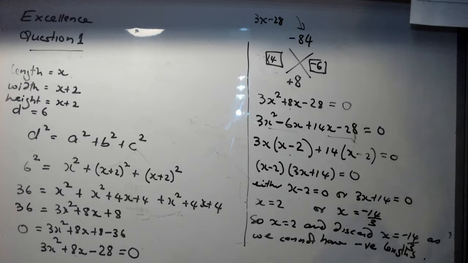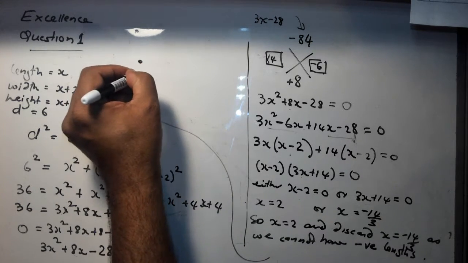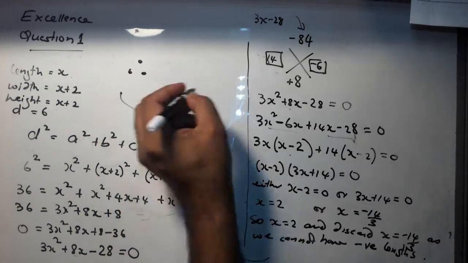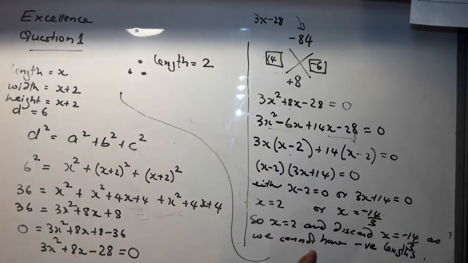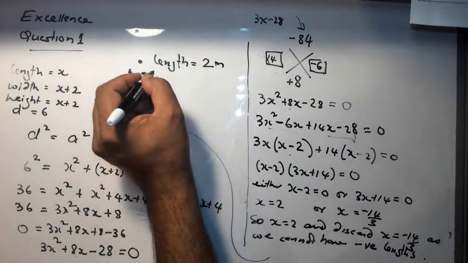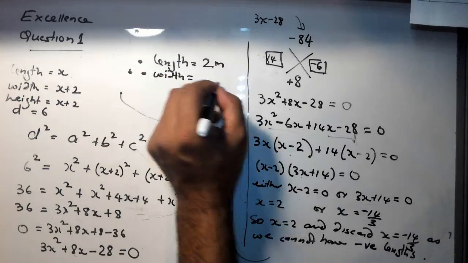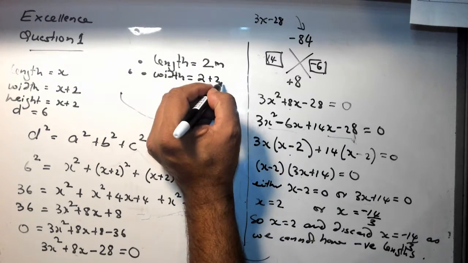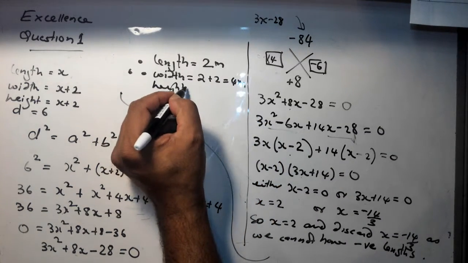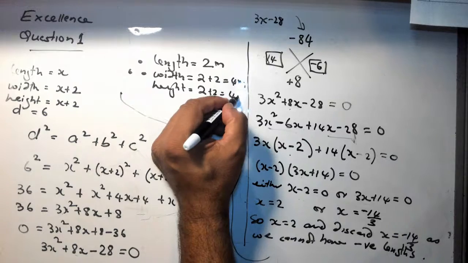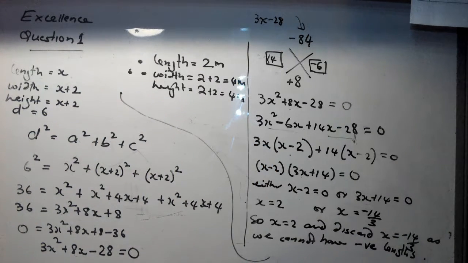Okay, so therefore the length is equal to 2, because x is equal to 2 meters. Width is equal to 2 plus 2 meters, which is going to be 4 meters now, and the height is going to be 2 plus 2, which is equal to 4 meters. So this cuboid is 2 meters long, 4 meters wide, and 4 meters high.